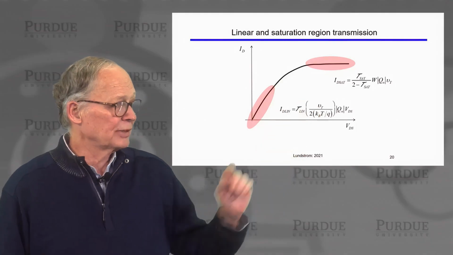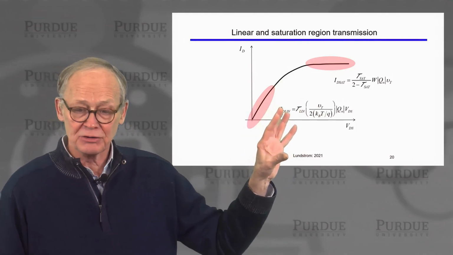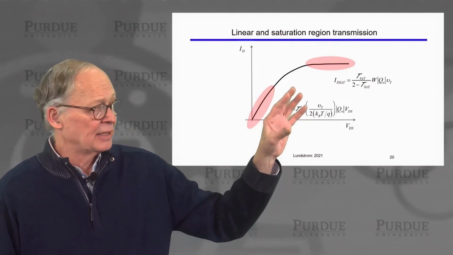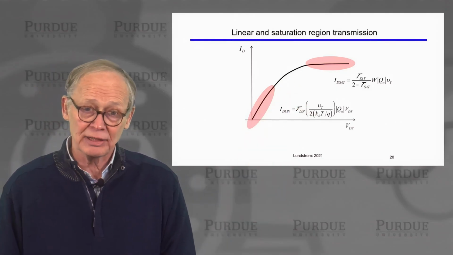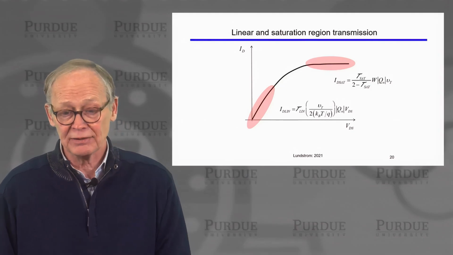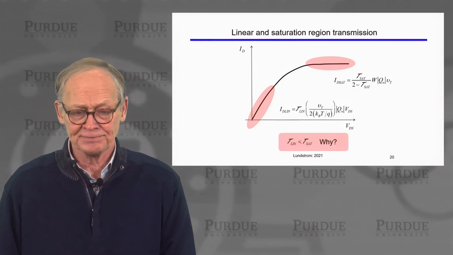So we have now developed expressions for the linear region current in terms of the transmission, and an expression for the drain saturation current in the presence of scattering, related to the transmission under saturated conditions.